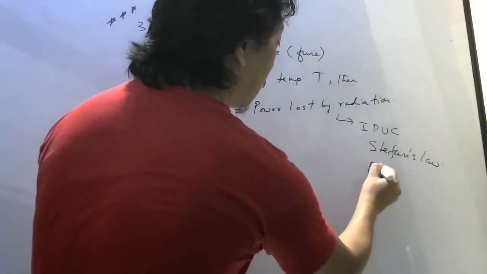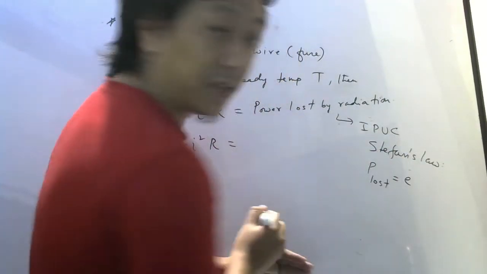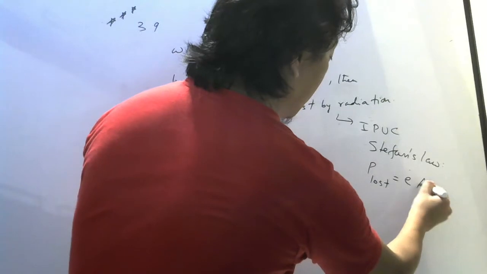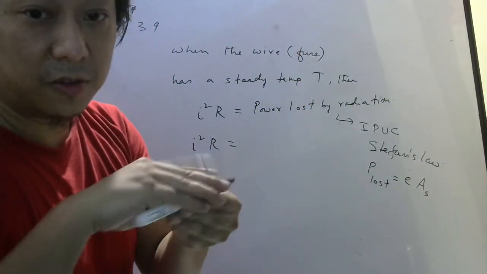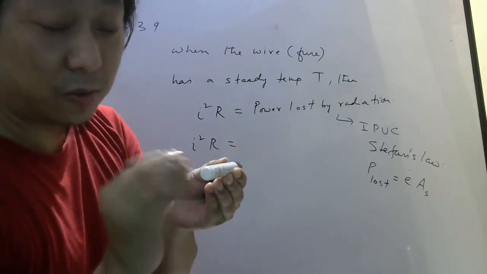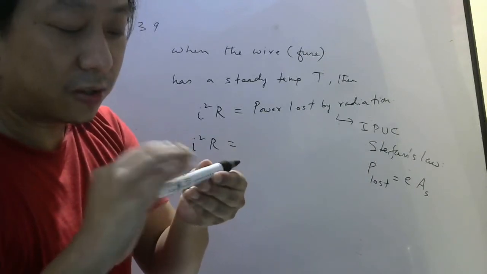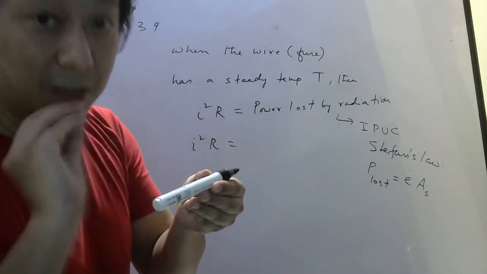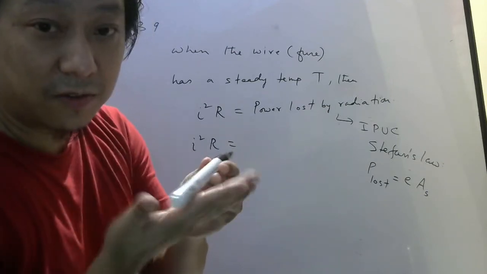The formula for power lost is emissivity, then surface area. Let me write S here. S means the surface area, because the area of the wire's end is very small, so you can neglect it when it comes to loss of power. The loss of power through thermal radiation will happen from the curved surface, so this part is important.